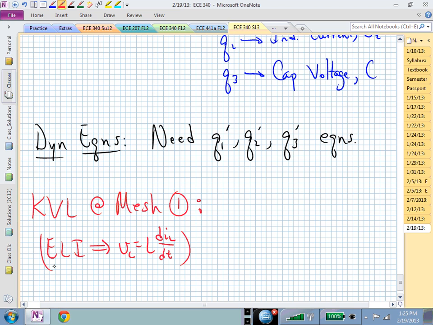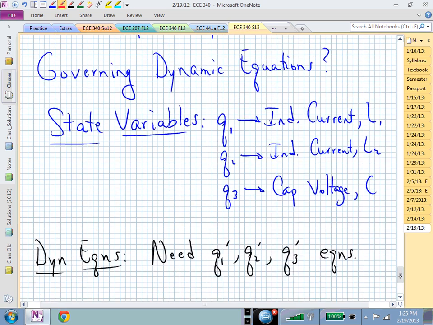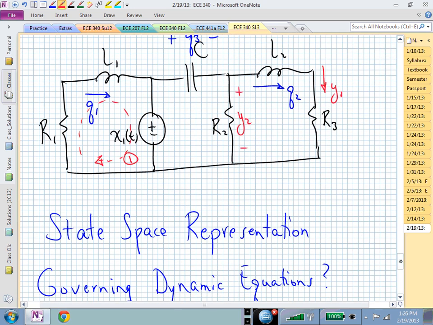And that's because of this notion that we're doing that. ELI is telling us V sub L is equal to L di sub L dt. KVL now tells us that if I start at the lower left-hand corner, I'm going to go up, and I'm going to have a voltage drop from bottom to top on that resistor of R sub 1, Q sub 1.